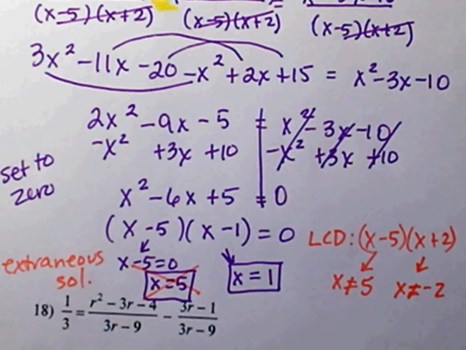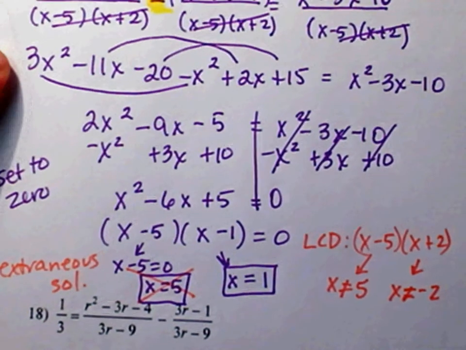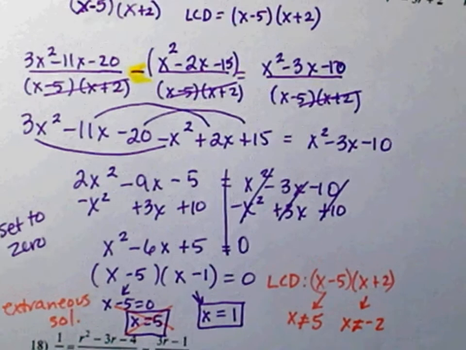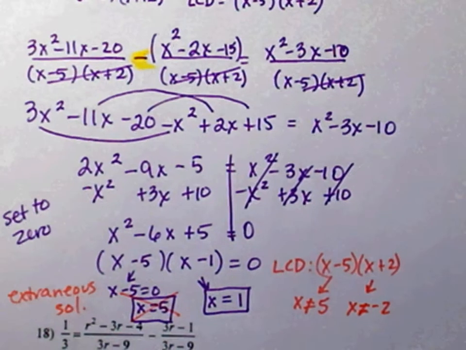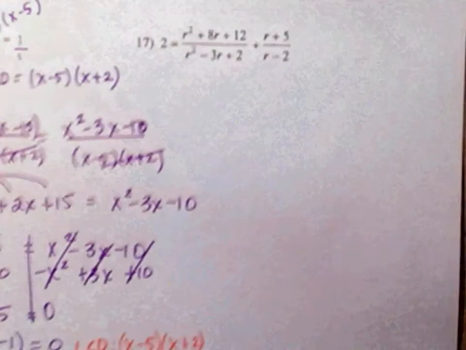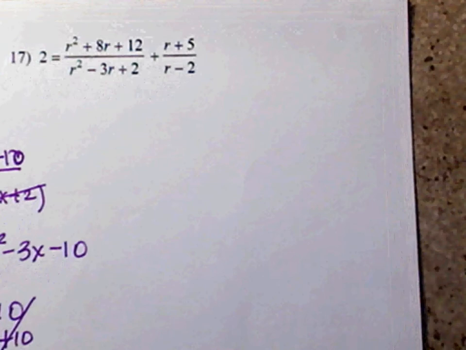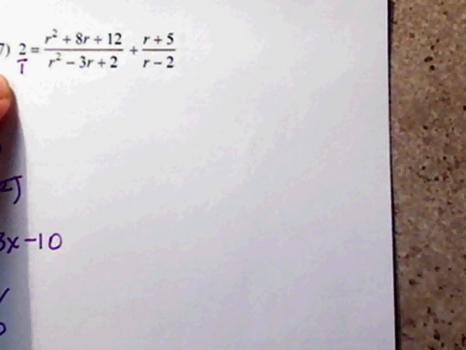Number 18. Okay, let me move this one up just so you guys can see the overall. So, one at a time. All right. Number 17. Okay, let's get this down a little bit. Alrighty. This is the same thing as 2 over 1. Okay, and if you look, factor this down first.